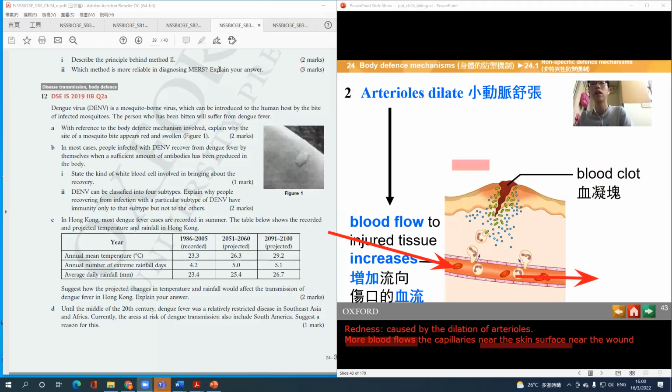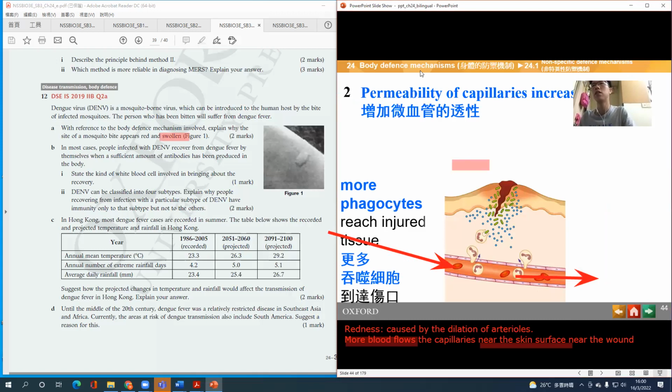Another task is to explain why it's swollen. It's swollen because the permeability of capillaries increases. Permeability means these holes; they allow more holes on the blood vessel.